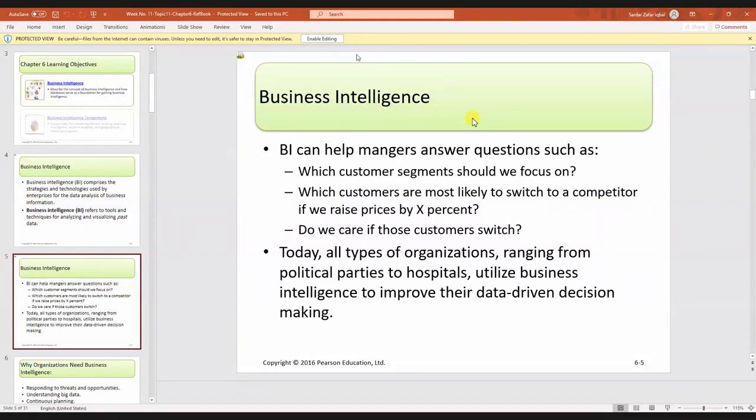So today, all types of organizations, ranging from political parties to hospitals, utilize business intelligence to improve their data-driven decisions. In hospitals, how many patients have been affected by a virus, the different kinds of viruses we have? How many patients have died in 1 year?